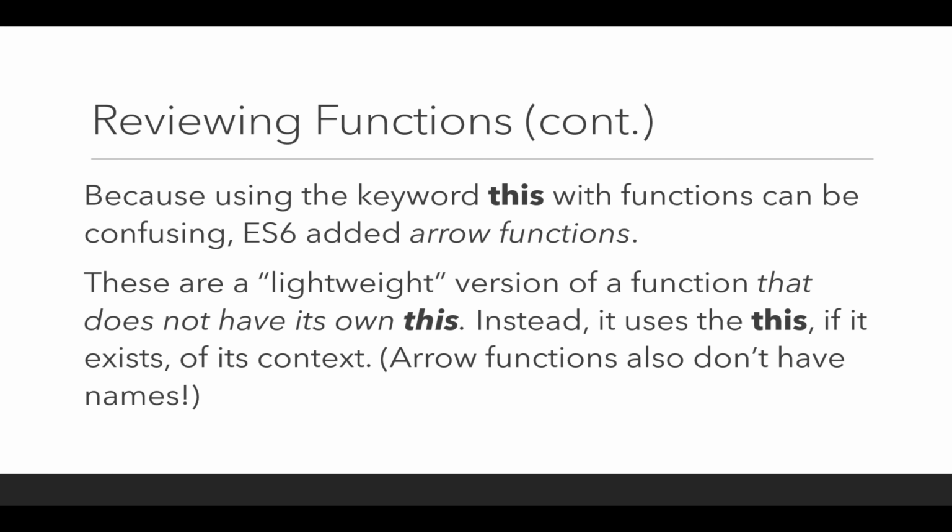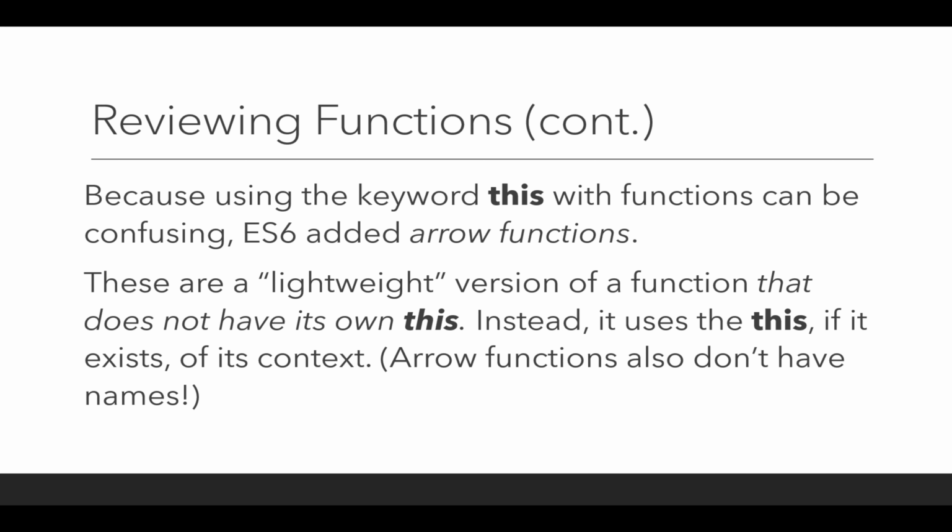So instead of having a this of its own, it uses the this of its context. This is again a little bit confusing, but applies to contexts in which functions would be inside of other things. There were cases in ES5 where there would be functions inside of functions inside of functions.